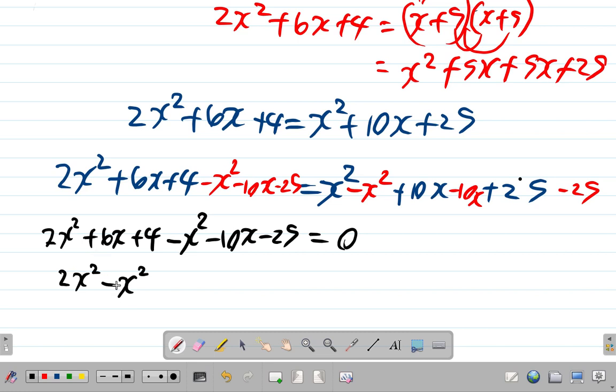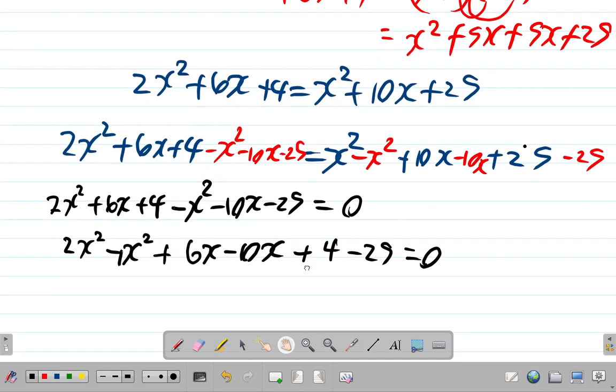Remember, minus x squared means minus 1x squared, but I put the 1 there. Plus 6x minus 10x. So the x squared terms come together, the x terms come together, and the plain numbers come together. 4 minus 25.